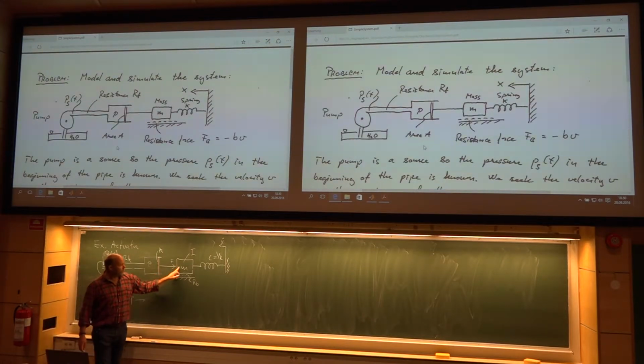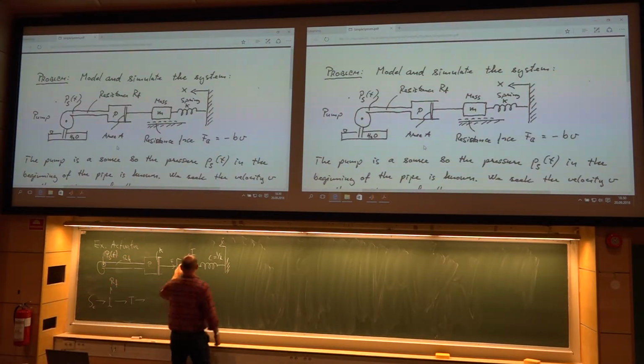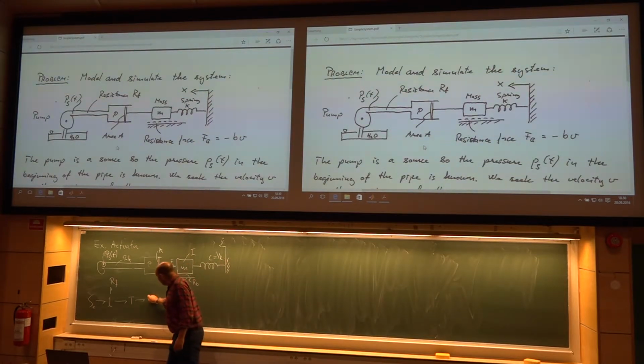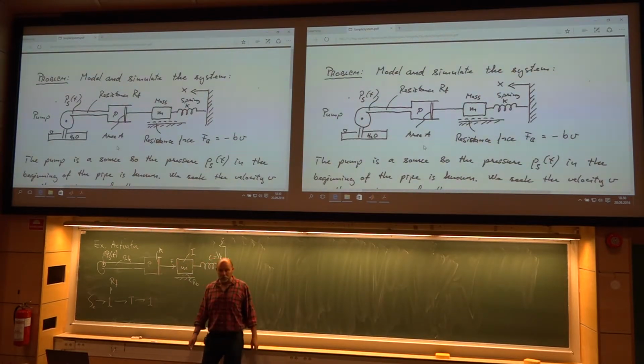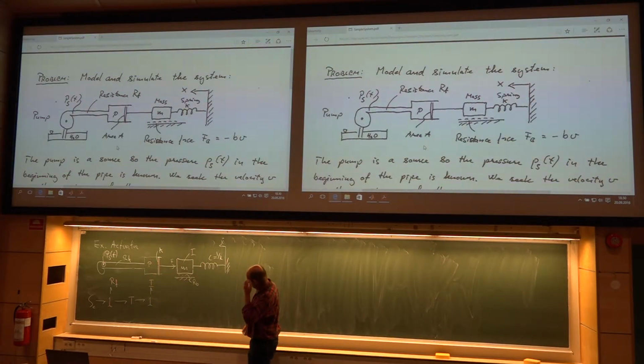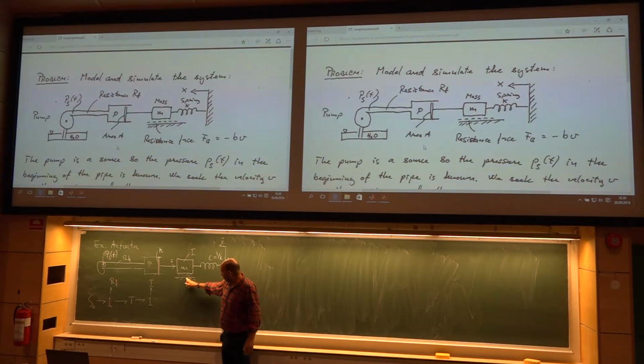Then we are here. Here we have something which moves with its unique velocity in the mechanical world. Yes, it's a one junction. He has mass connected to him, so we can insert that one directly. Down here, we have a resistance, and further down we have a solid wall.